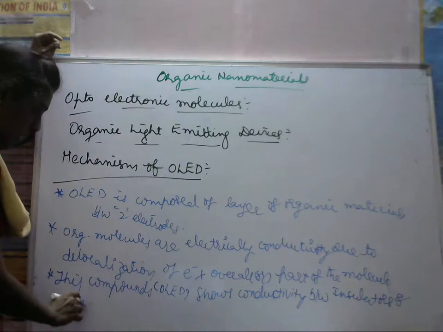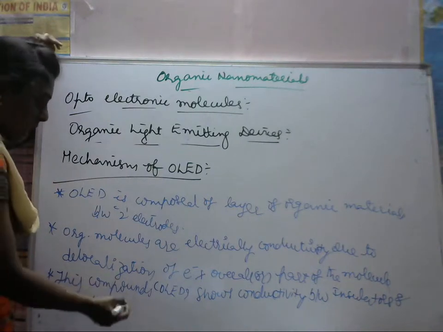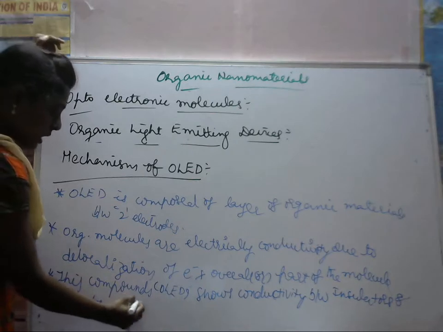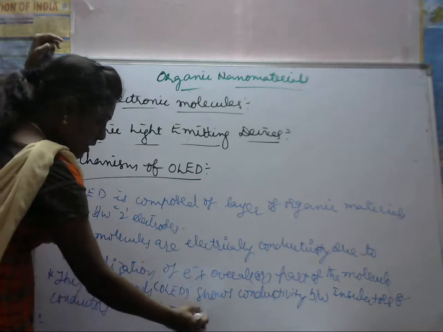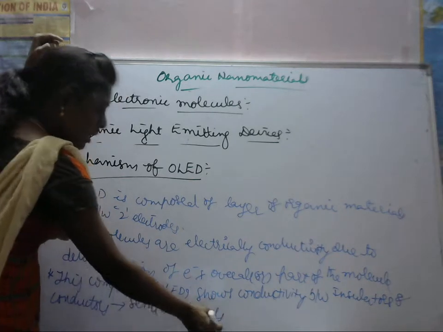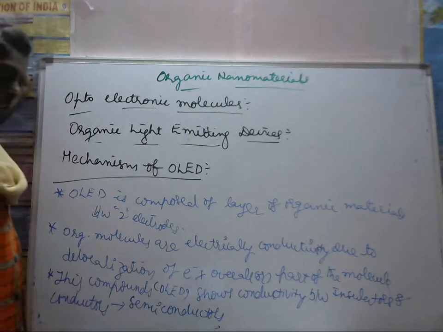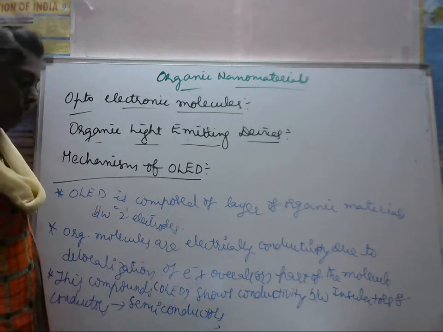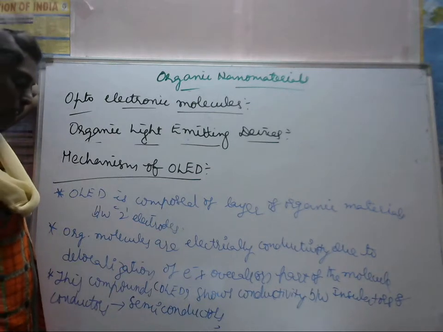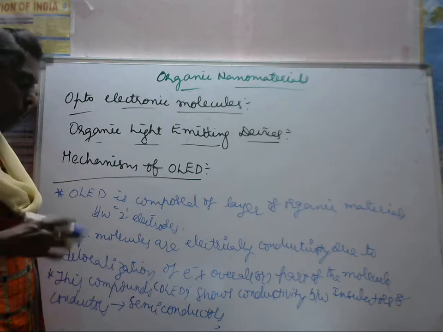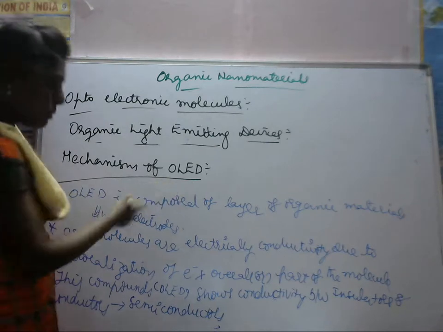That's why these are called semiconductors, so it has a semiconductivity nature. Here a basic OLED contains a single organic molecule. However, multilayer OLEDs are synthesized with more layers, because of efficiency, so different layers will be there.